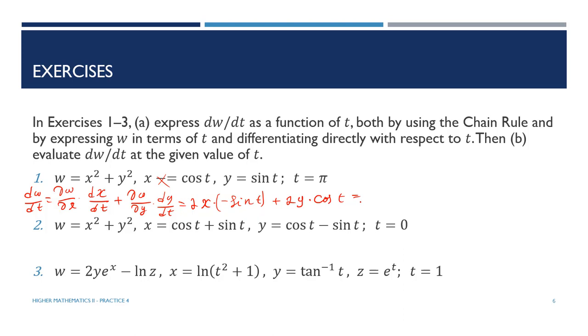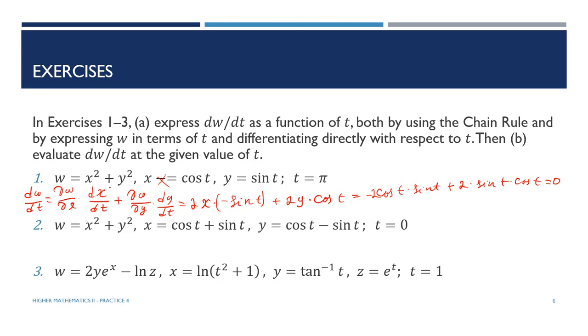Instead of x I have to write cosine t, so negative cosine t times 2 times sine t plus 2 times y, which is sine t, times cosine t. So this gives me 2 cosine t sine t, negative and positive, it's 0. And we also can calculate this one by plugging in these numbers here, cosine squared plus sine squared.